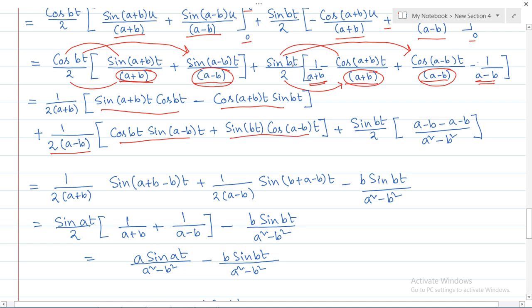This term will be multiplied with this constant. So sin of bt by 2 is already outside, 1 upon (A plus B) minus 1 upon (A minus B). If we adjust with 2 the LCM, it will come in this structure.